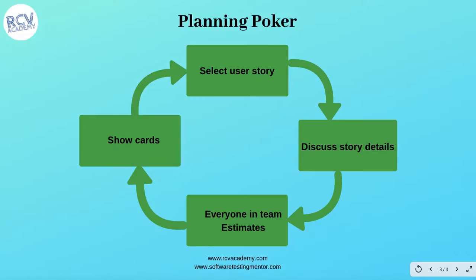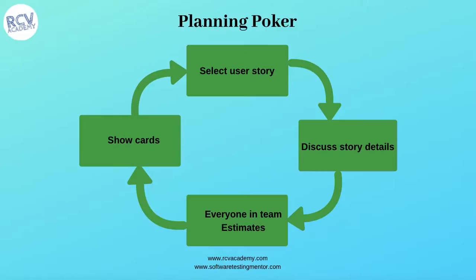In this whole process, the whole development team, including developers, testers, architects, sits together in a meeting room, and the stories are picked up one by one. In the iteration planning, you pick the story one by one, and the story is discussed.